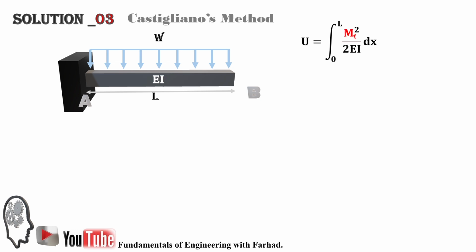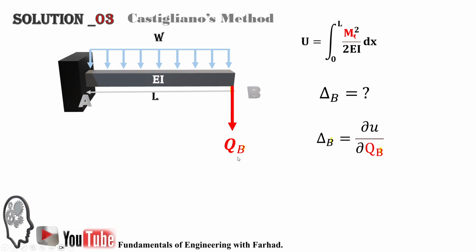In Castigliano's method we work with the strain energy, the function U, which is equal to the integration from 0 to L of M sub x squared over 2EI dx. If we want to calculate delta at B, we need to apply a virtual load of Q sub B, which creates a downward movement, which we call delta B. Then delta B, based on Castigliano's method, is partial U over partial Q sub B. Castigliano's method uses the partial derivative of the strain energy with respect to the appropriate load which creates that movement.